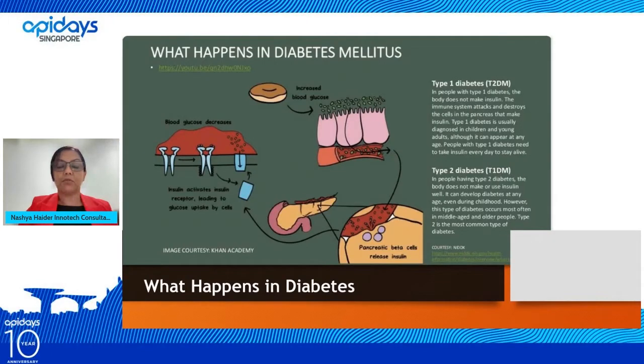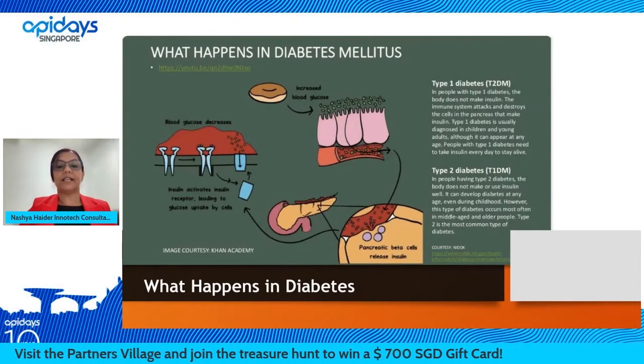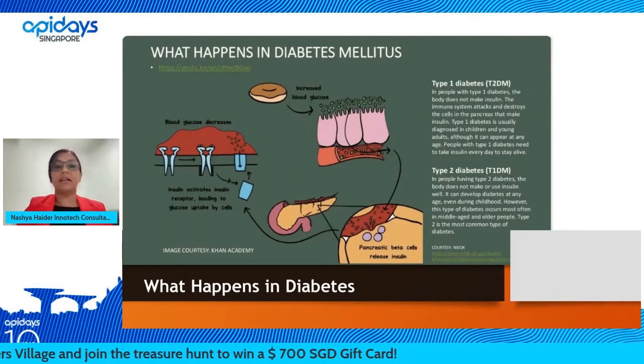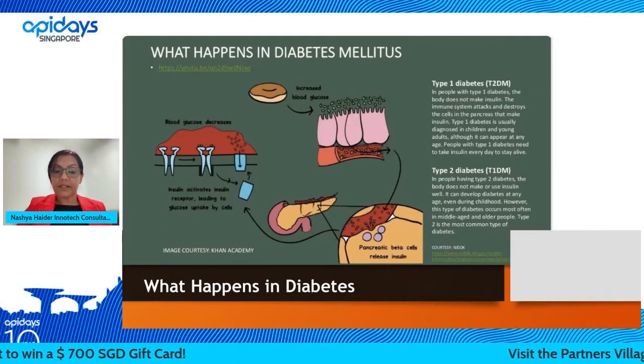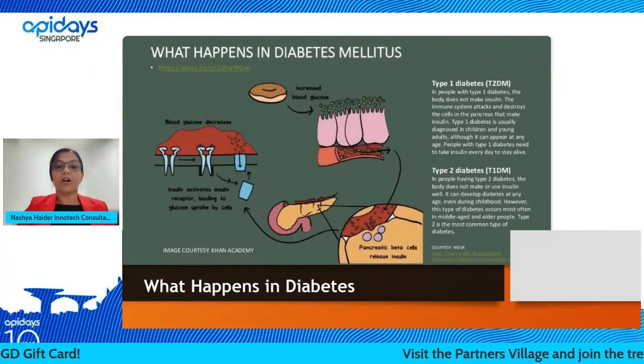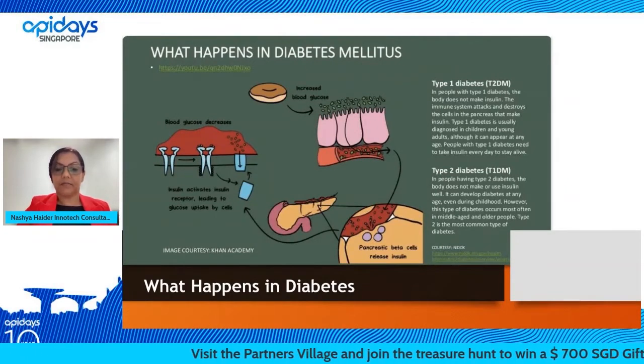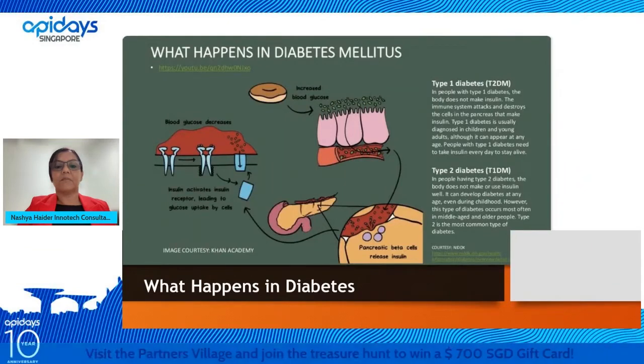And people with type 1 diabetes need to take insulin every day to stay alive. In type 2 diabetes, people are unable to use their insulin effectively. And this type of diabetes is most prevalent all over the world, and it affects middle-aged and older people mainly.